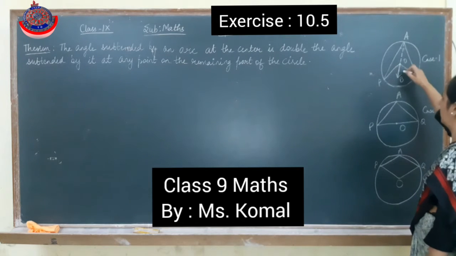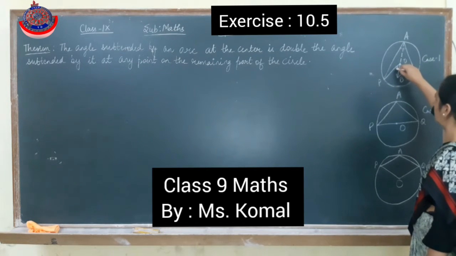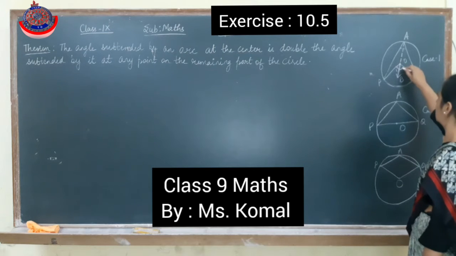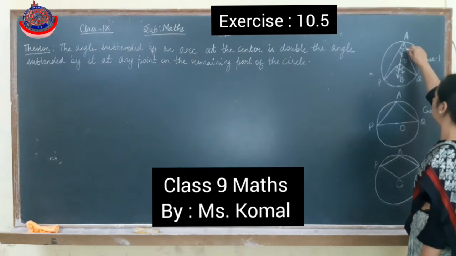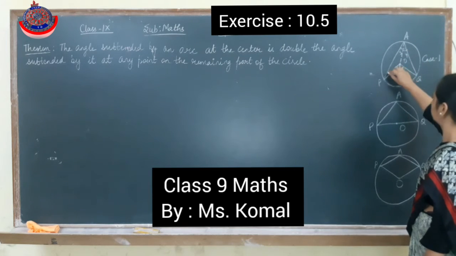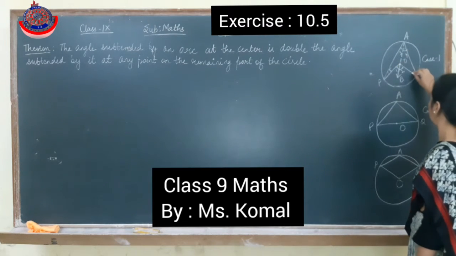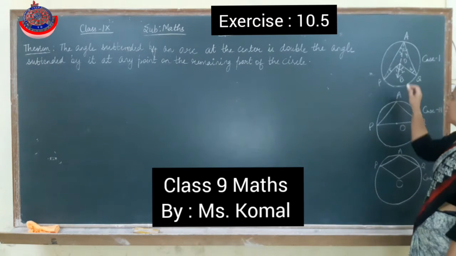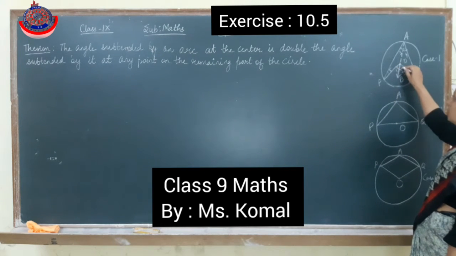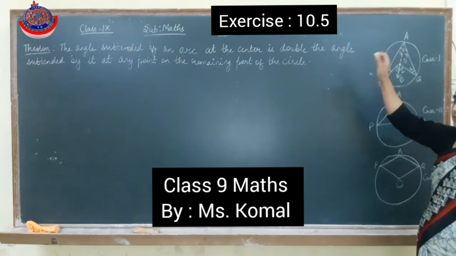How will we prove it? Suppose this is angle 1, this is angle 2, this is 3, 4, 5 and 6. Now I want to prove angle 1 plus 2 is double of 3 plus 4.